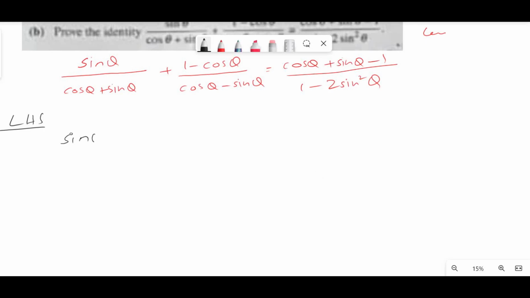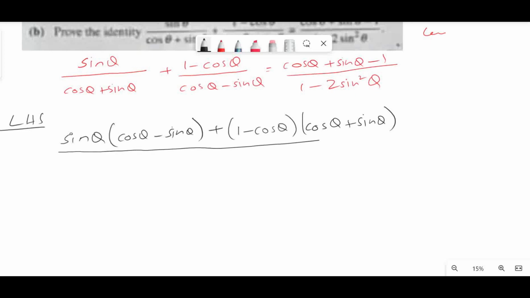So this will be sine theta into cos theta minus sine theta, plus 1 minus cos theta into cos theta plus sine theta, whole divided by cos theta plus sine theta into cos theta minus sine theta.